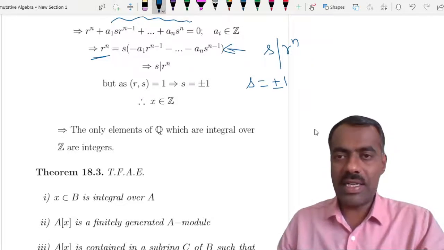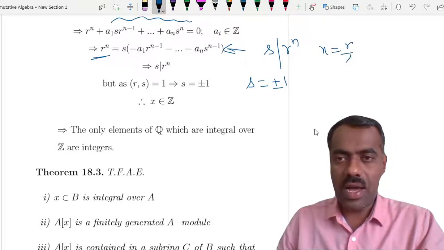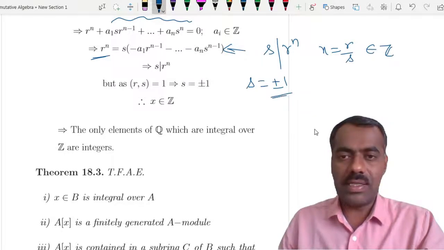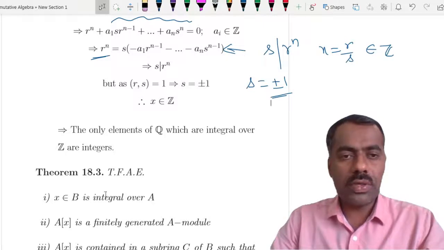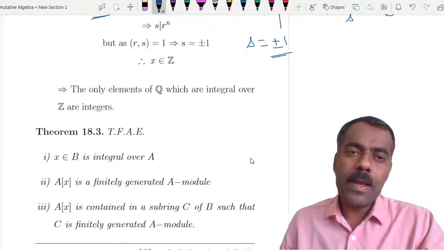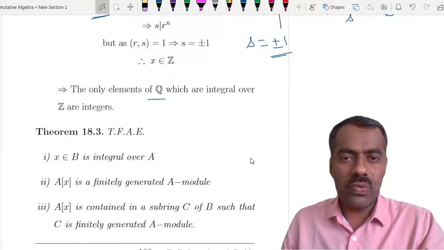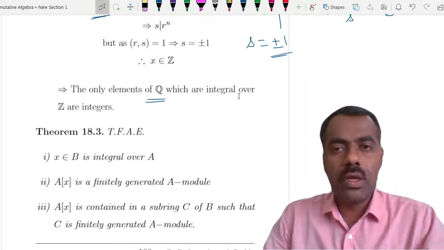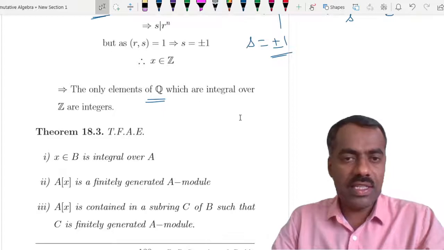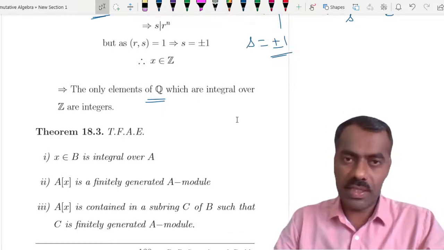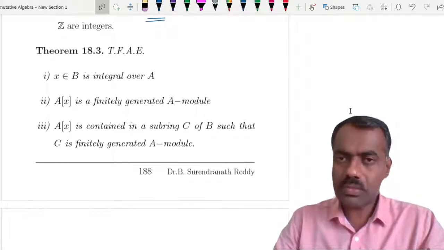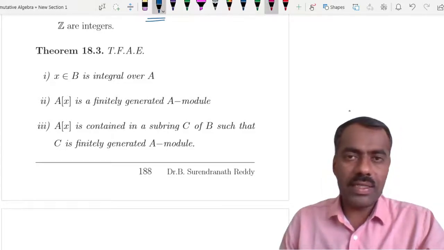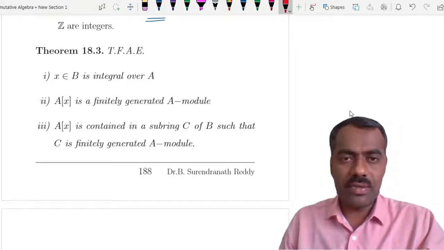That shows that our initial x equal to r/s belongs to Z, because s is plus or minus 1. So what we have observed here is that the only elements of Q which are integral over Z are nothing but integers. So if it is a non-integer rational number, then it is not integral over Z, right?